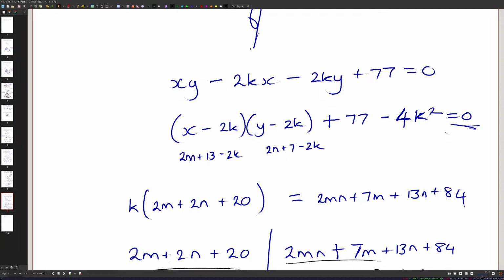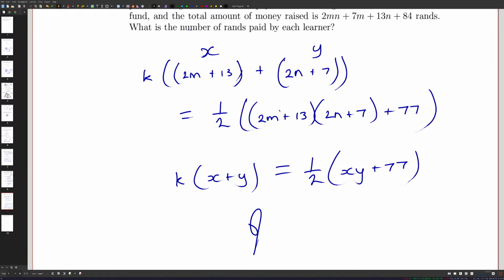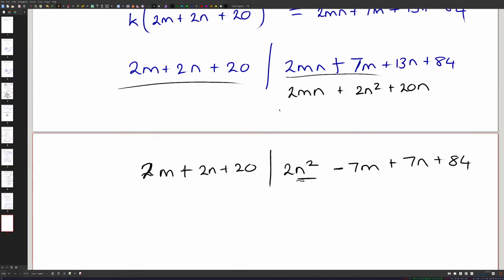It's 4k squared minus 70. Yeah, that's not going to do anything interesting. Yeah, then we just get the mn back.